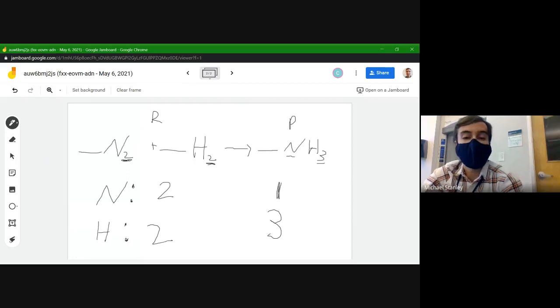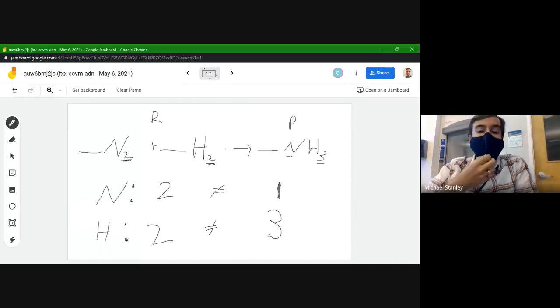So that is our starting count of atoms. 2 N's and 2 H's on the reactant side, 1 N and 3 H's on the product side. Oh boy, this one is right off the bat, nothing is balanced, right? 2 is not the same as 1, and 2 is not the same as 3. So we have a very unbalanced equation here to start off with.